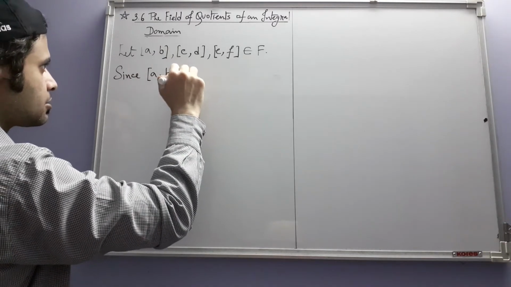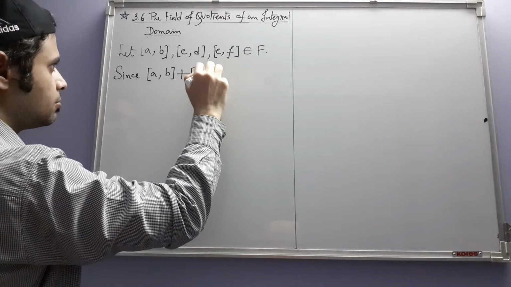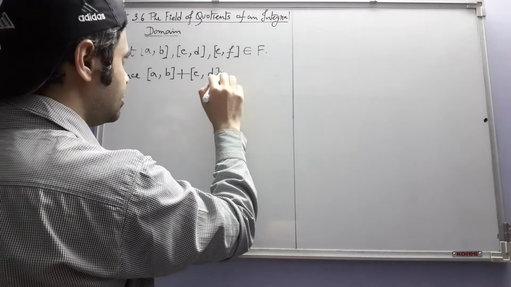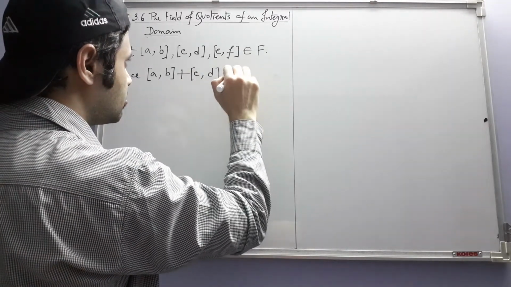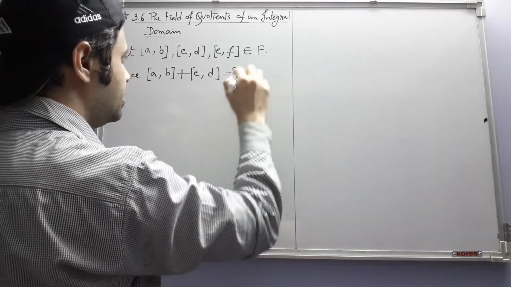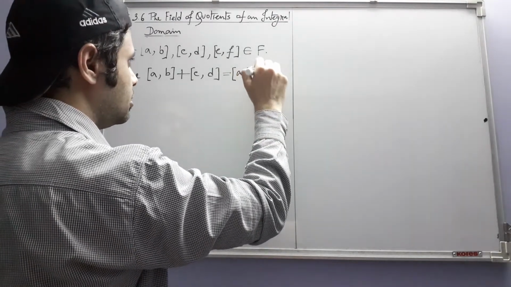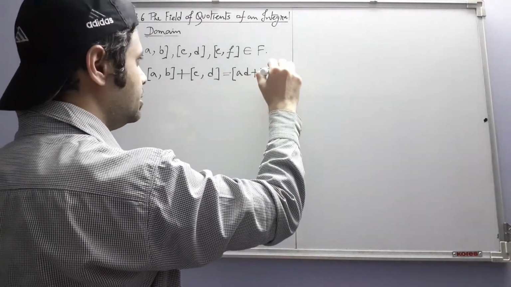Since (a, b) plus (c, d), by definition this is (ad plus bc, bd).